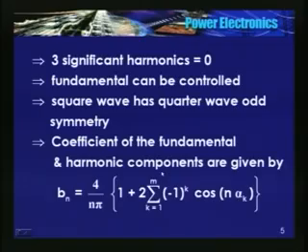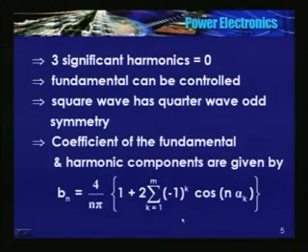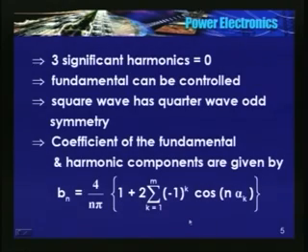It is obtained by writing the Fourier series of the waveform and determining the various components. It's as simple as that. So Bn is equal to this equation. Now using this equation, I will show you how you can eliminate the harmonics.